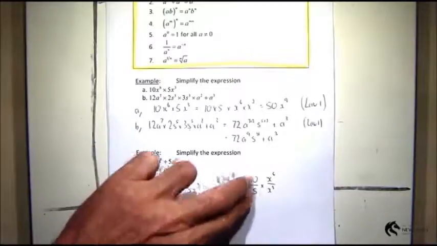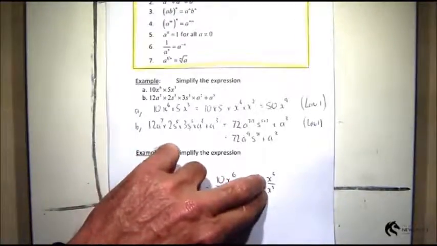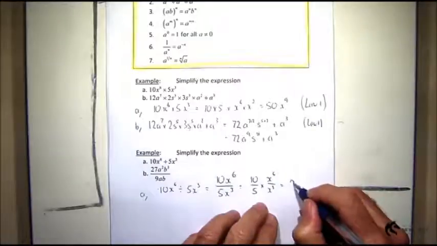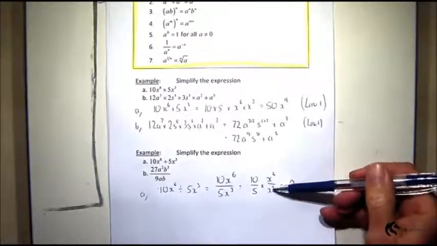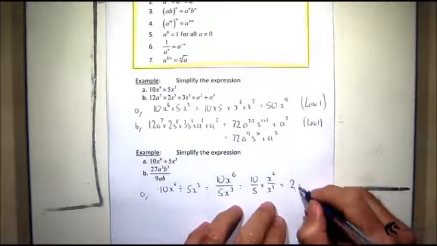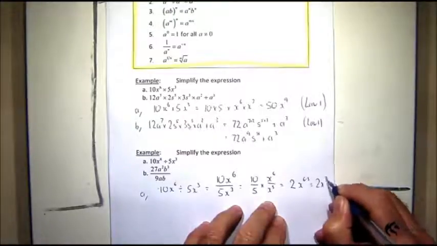I can do 10 divided by 5 first. Then I can do the x to the 6th divided by x cubed in there. We can actually do 10 divided by 5, that is 2. With the second term, they are numbers with the same base. So I subtract indices, and I have in there 6 minus 3. So I end up there with 2x cubed.